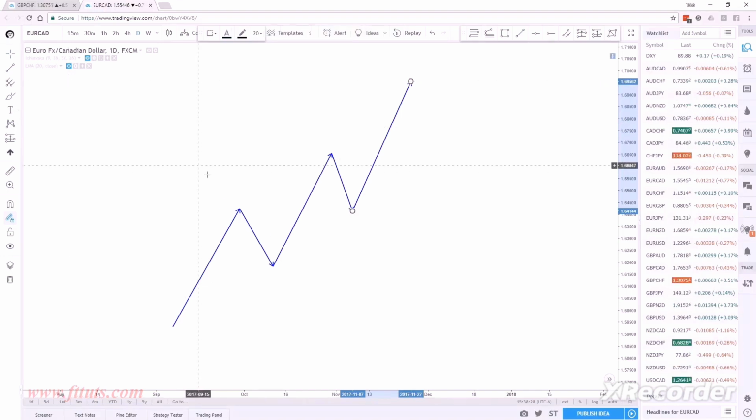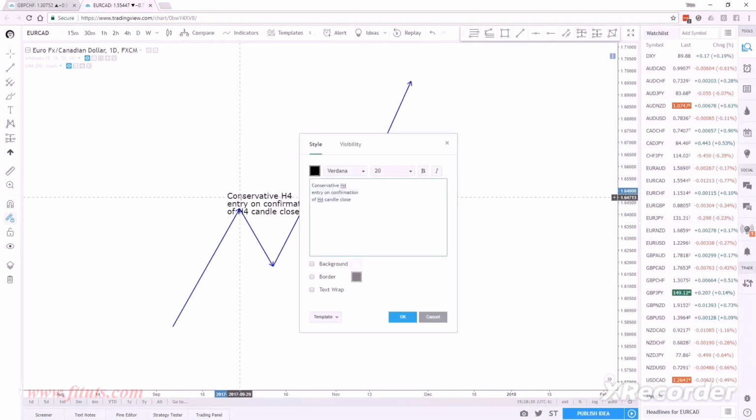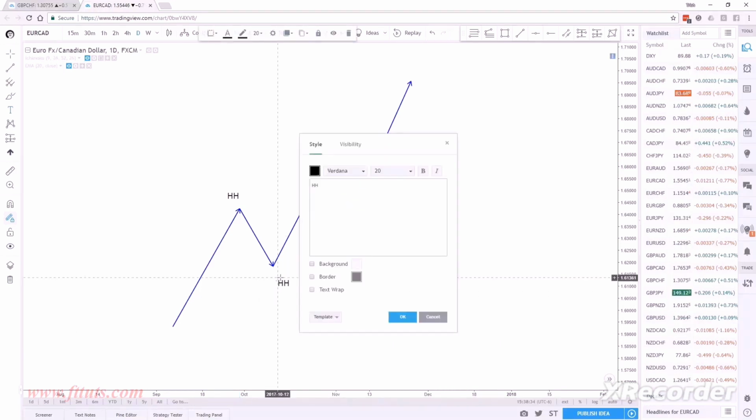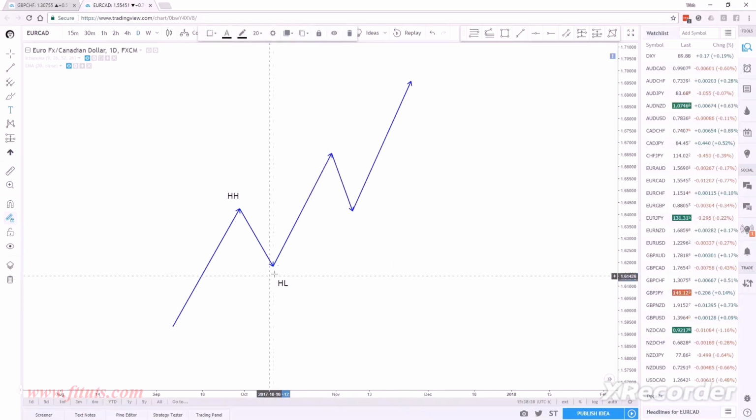So here we have our higher high, and then here we have our higher low. Okay, and this point is higher than the previous low, or else it would be obviously a lower low. So this next low is higher than this previous low, and so on and so forth. Same with the highs.